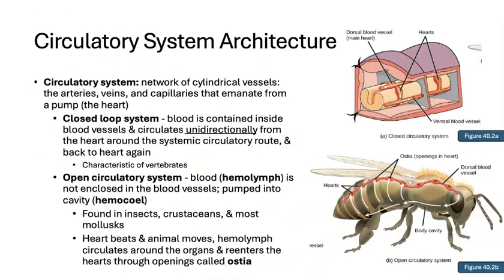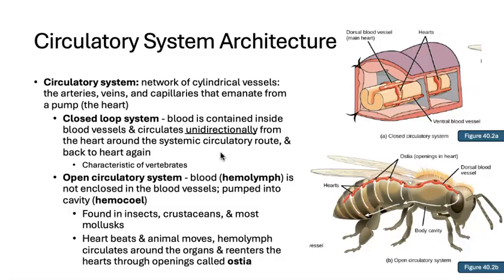And so now let's discuss what's the difference between an open and closed circulatory system. We have a closed loop system, meaning that our blood is contained inside the blood vessels and it circulates unidirectionally. Uni meaning one means in one direction here. From our heart, so when we're leaving the heart, again, that's an artery carrying it away.